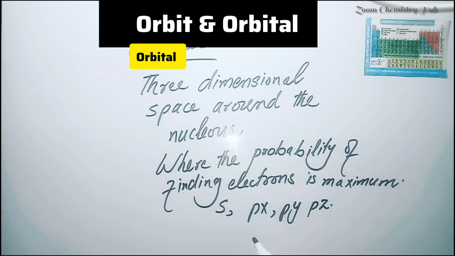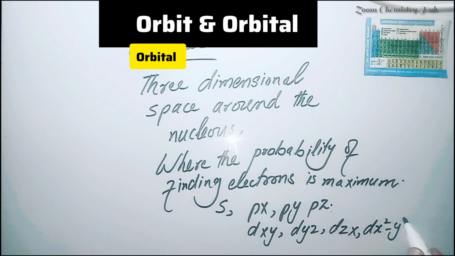Similarly, the d orbital has 5 degenerate orbitals, that is dxy, dyz, dzx, dx²-y² and dz².